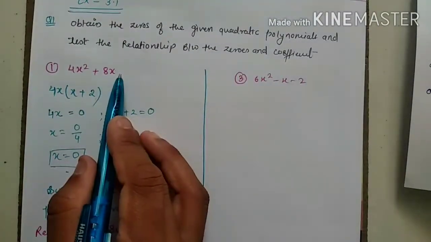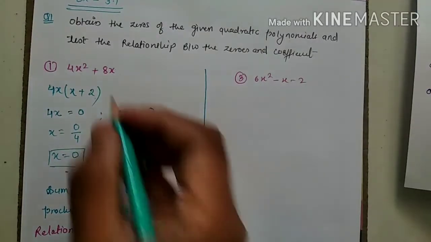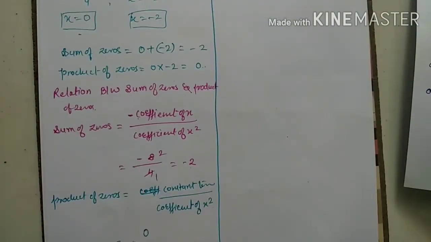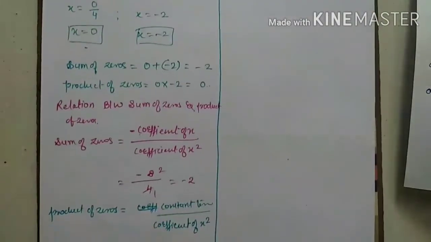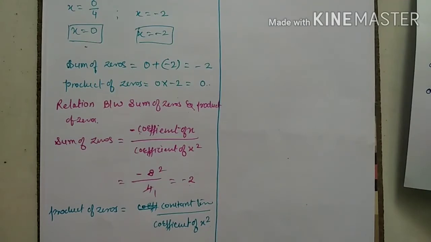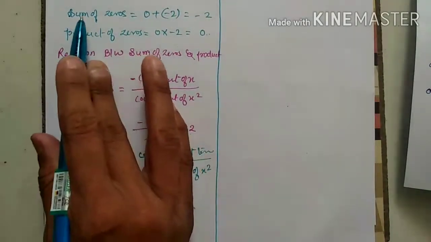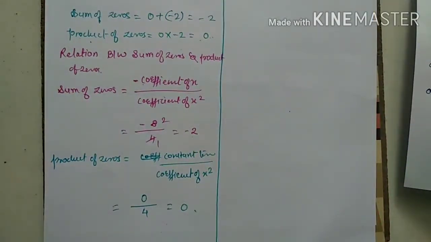You can see there is no number without the variable. So we assume it as 0. We can add here a 0. Correct or not? So my constant term is 0. The coefficient of x square is 4, so I am writing here 4. What am I getting? 0. So just go back. Product of zeros I am getting 0, as I found before. So my answer is correct and I am going correctly. Is it clear to all?